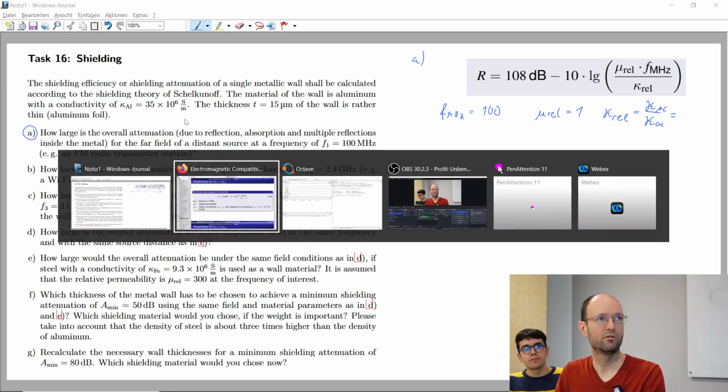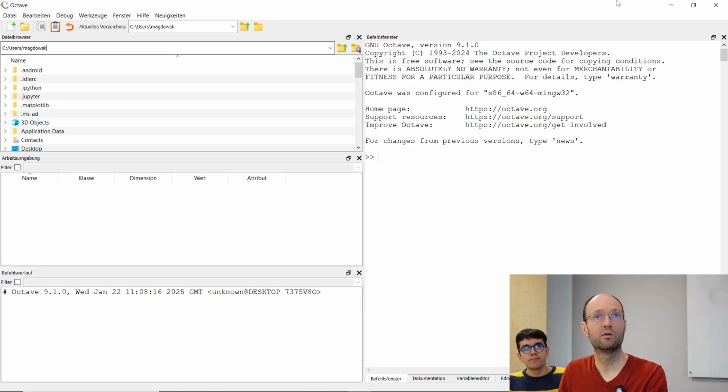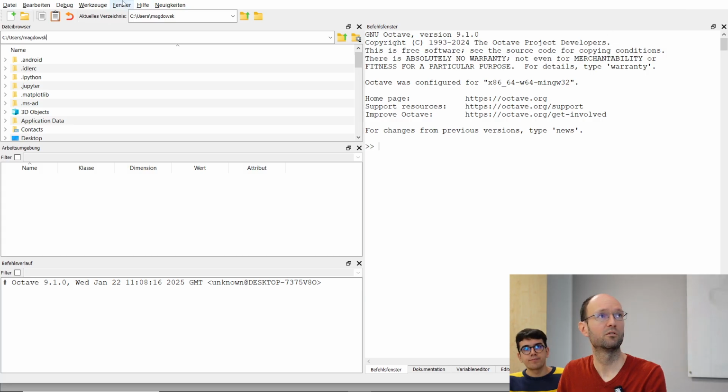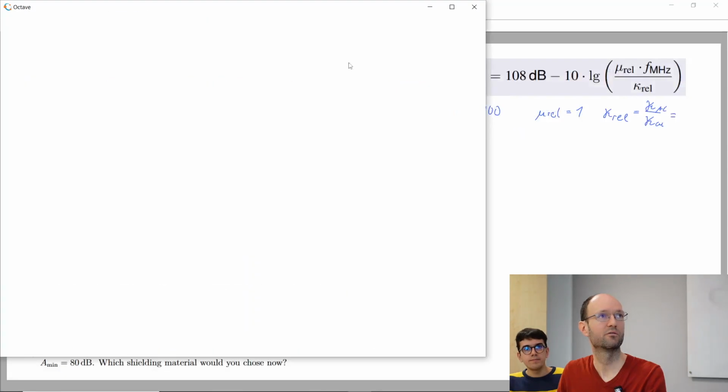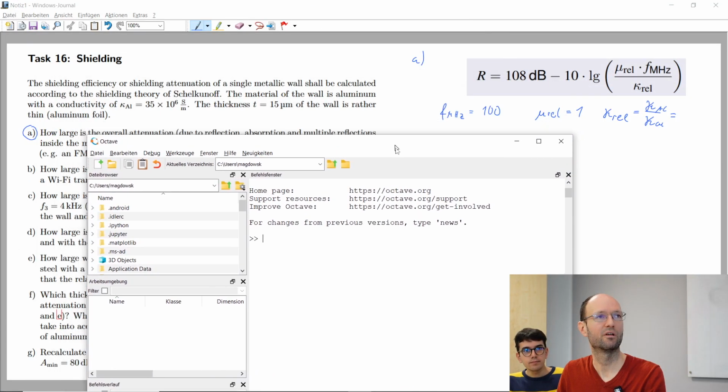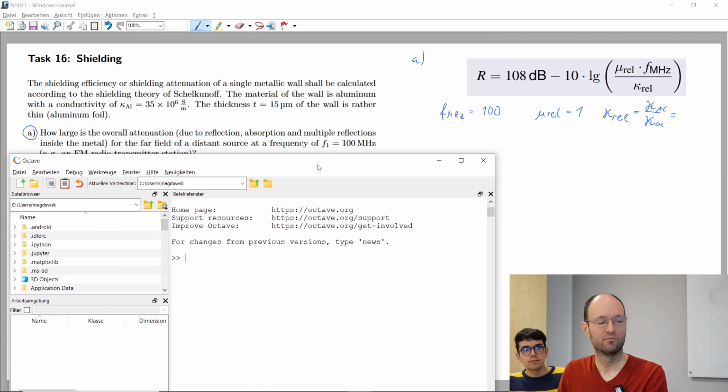So if I already go to Octave, maybe make this window a little smaller, and this always fails, so I have to go back to the standard settings.